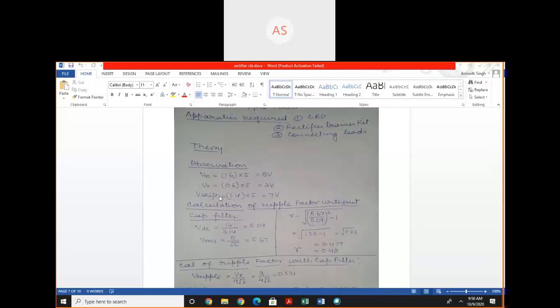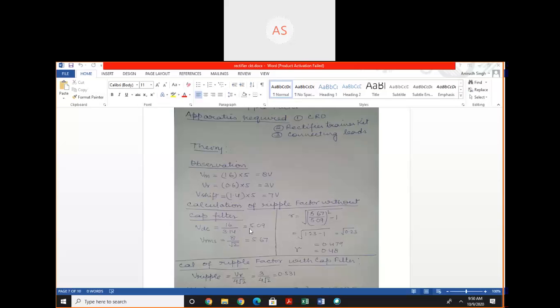Then the object of the next experiment: study the bridge rectifier and measure the effect of filters on the waveform. Also calculate its ripple factor with and without filter. Apparatus required: CRO, rectifier trainer kit, connecting leads. Theory is clear to you. Then observation: without filter, value of Vm is 1.6 multiplied by 5, equal to 8 volt.